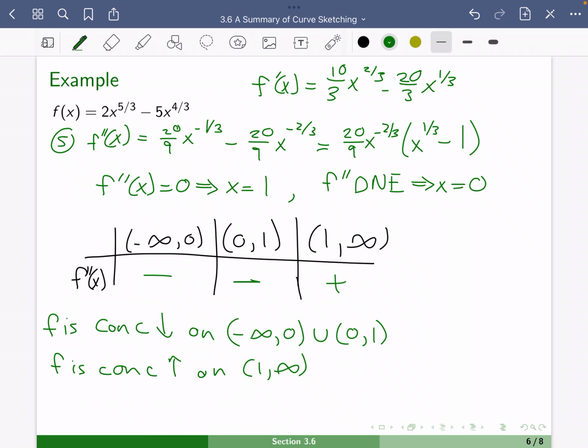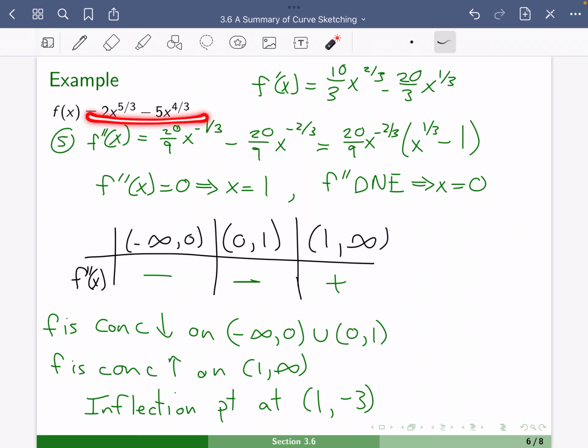We're going to have an inflection point when our x value is 1, our y value is going to be -3. So an inflection point at 1, -3. I'm plugging that x value of 1 into the original function. So that's our inflection point.